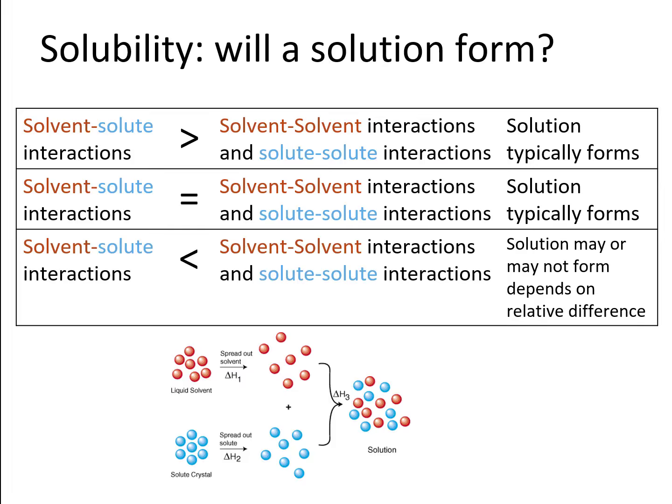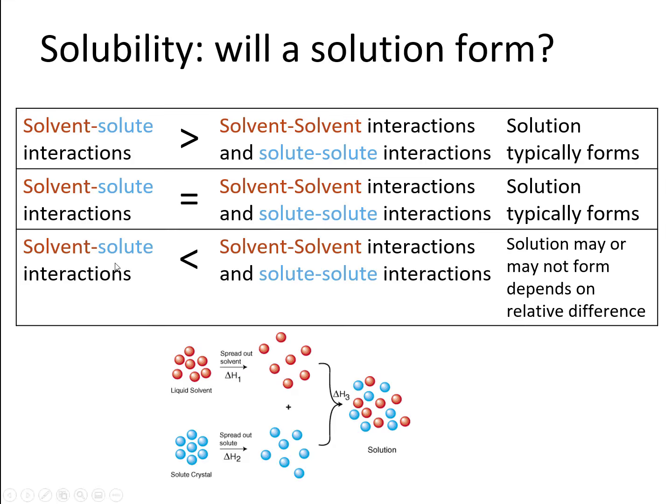So what we're curious about is, will a solution form? Well, if the solvent-solute interactions are much stronger than the solvent-solvent or the solute-solute interactions, then typically what we're going to see is that the solution is actually going to form. If, on the other hand, we get a situation where the solvent-solute have very similar kinds of interactions as the solvent does with itself or the solute does with itself, then again, we're also typically going to see a solution form.